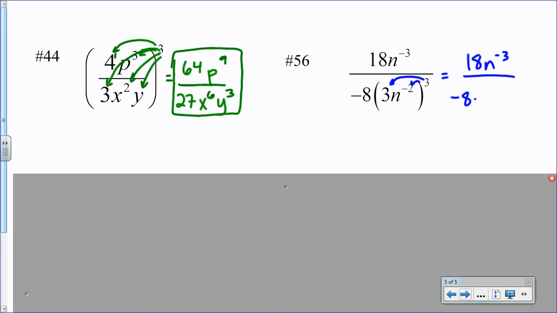Three to the 3rd, 27. And then I get n to the negative 6.